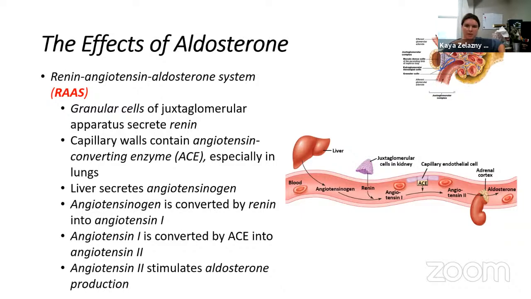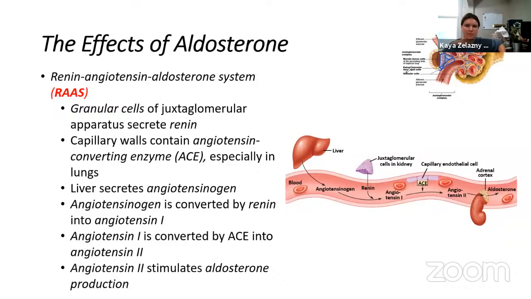We have some more granular cells all in here, right? We also had our macula densa cells embedded in our distal tubule here in this juxtaglomerular apparatus, or this juxtaglomerular complex. Those are equivalent terms, right?